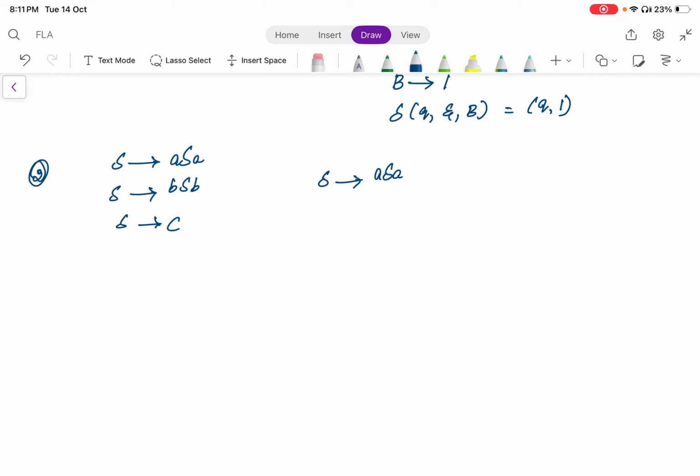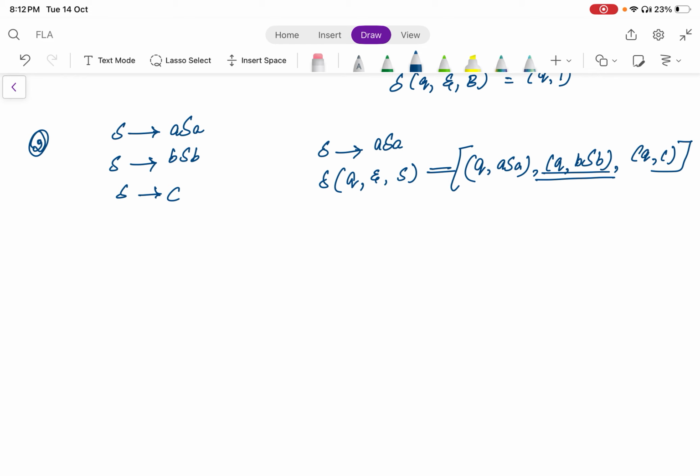Okay, so you will write delta of Q comma epsilon comma whatever is on the left side equal to Q comma whatever is on the right side. Okay, then you will have BSB. Here itself you can write Q comma BSB, as it is the same S transition, I am including that also here. Okay, now Q comma C.